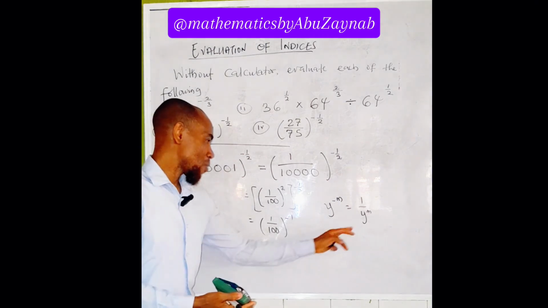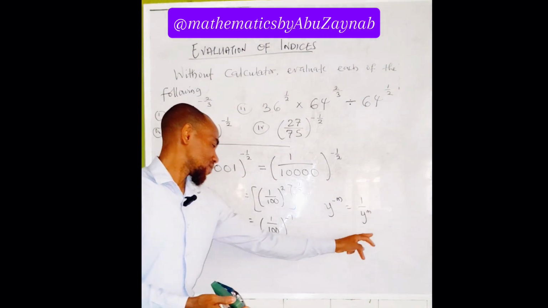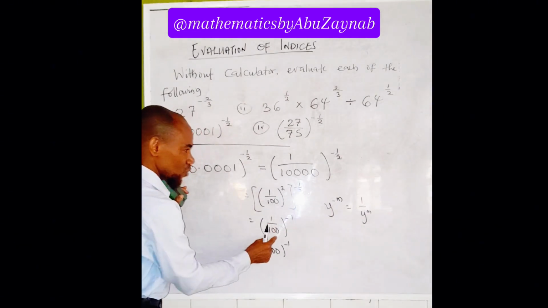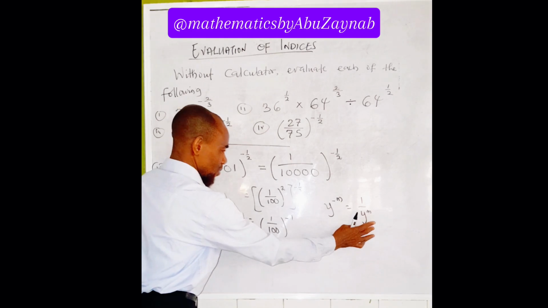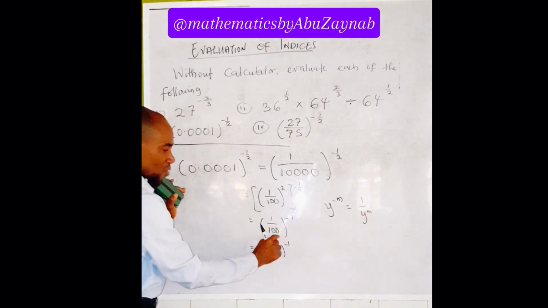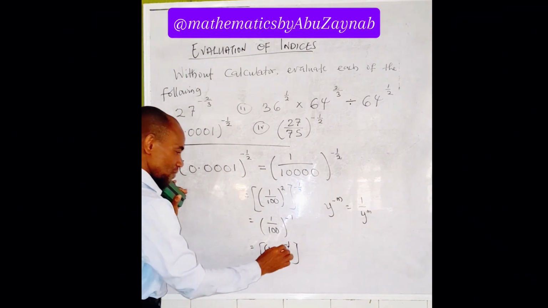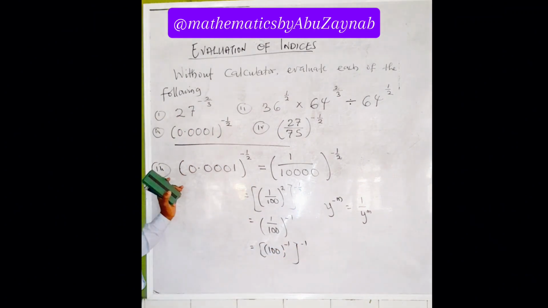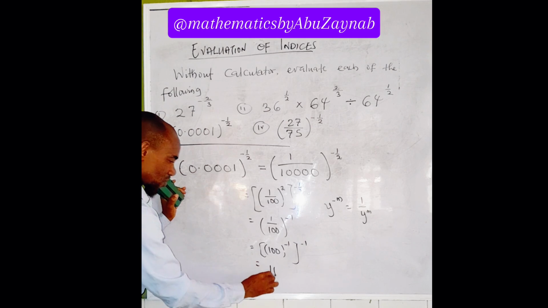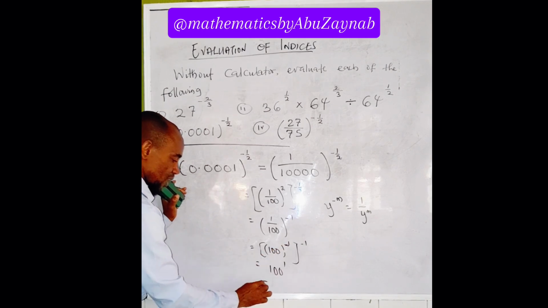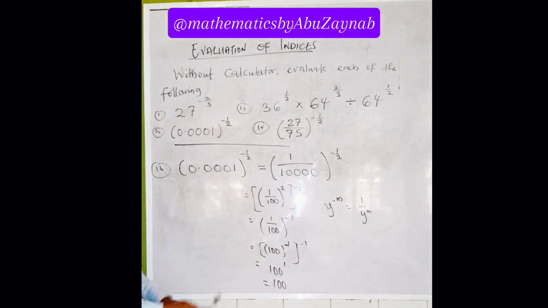Because we are working backward from this to this now. From here we have 1 over 100, it's like saying 1 over this. So the moment it comes to the numerator, we introduce minus here. So we have this, there is the existing power minus 1, and that gives us 100 raised to the power minus 1 times minus 1, which is just 1. Hence we have just 100. And that's pretty much the answer. Very, very straightforward, really, if you ask me.